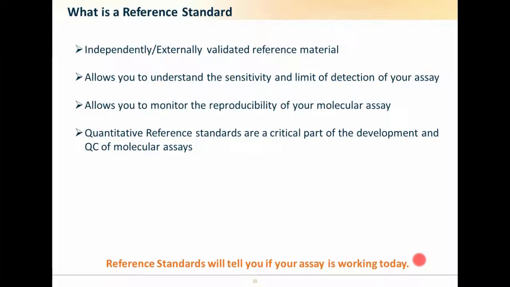And for kit developers, you can use it for research and development. And this is where I can close the question I put out at the start: a reference standard will tell you that your assay is working today, and that's the most important part of a reference standard.